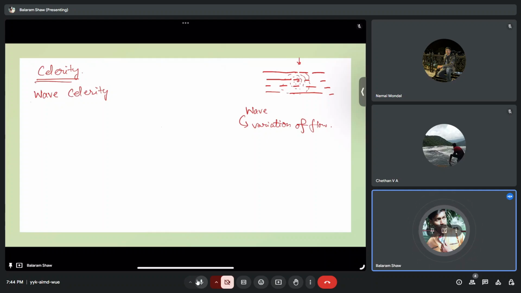Wave celerity is the velocity with which this variation in the flow, or wave, travels along the channel. So if you drop the pebble, the waves that you see in rounded form, we call that wave celerity.